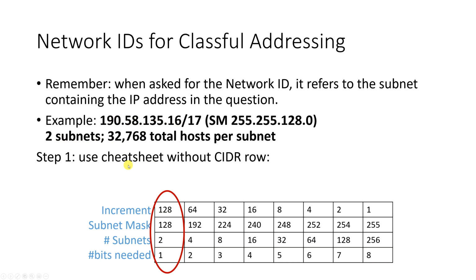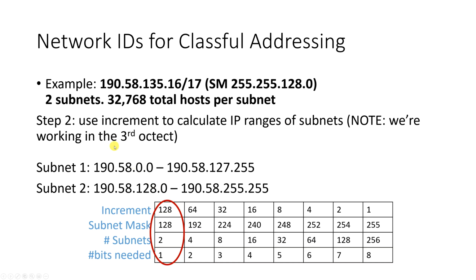So the first thing you do is pull out your cheat sheet and just use it without the CIDR row. So subnet mask, we're borrowing 1 bit. We created 2 subnets with a subnet mask of 128. And then that will allow you to sketch out your increment, which is 128. So that increment is going to be used in this third octet this time.